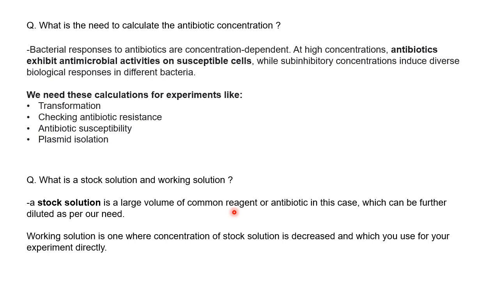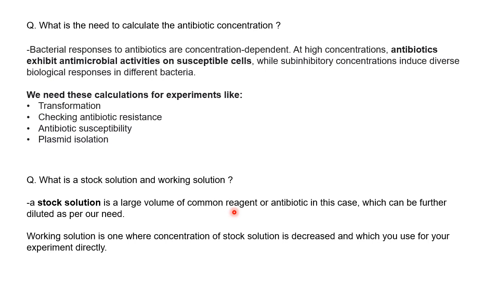Okay, so say you have a stock solution of any given antibiotic, and for a first experiment you need a concentration of 100 mg per ml. For second you may need a concentration of 200 mg per ml or 500 mg per ml. So depending on your experimental need, you can use that stock solution, do your calculations and decide what amount of stock solution is to be used for getting the desired concentration.